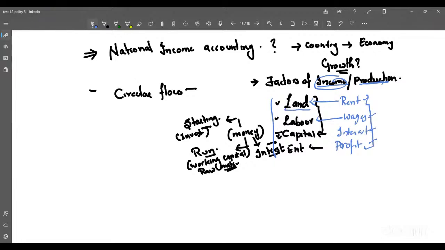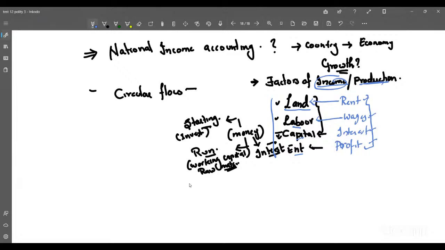You need land, you need labor, you need capital, you need some money for buying the raw materials, and some money for setting up the room, the place where you are creating the chalk piece. Whatever you do, you need enough capital. And there should be an entrepreneur, someone who is managing all the above three factors. So even a small chalk piece, if it has to be produced, all these four factors must be present.